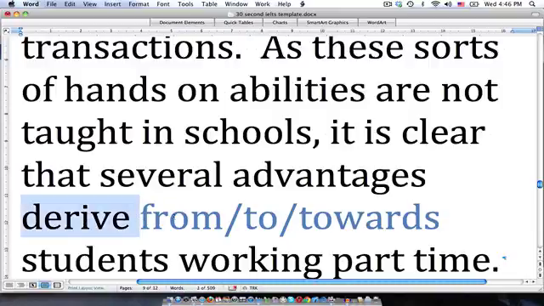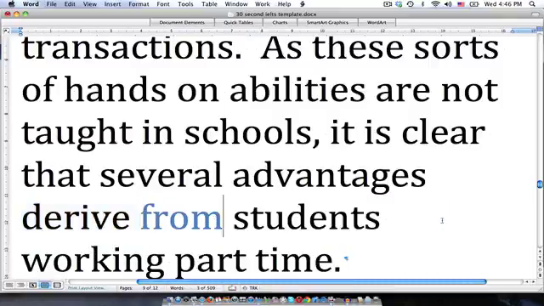Derive is almost always coupled with "from." We can't say "derive to," that doesn't make sense. "Derive towards." Derive is a verb, it sort of means to come from, which is also, when we say "come from," a verb coupled with "from." So derive from, to come from students working part-time. The advantages are coming as a result of this.